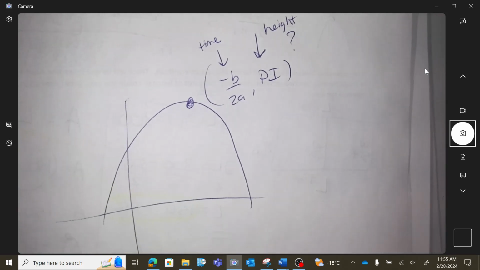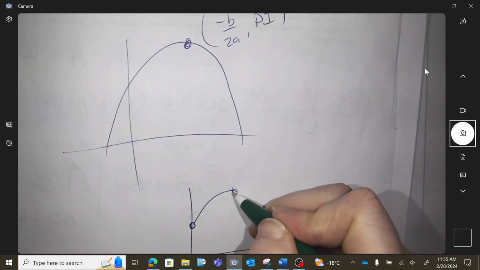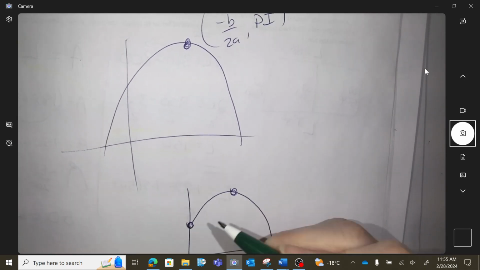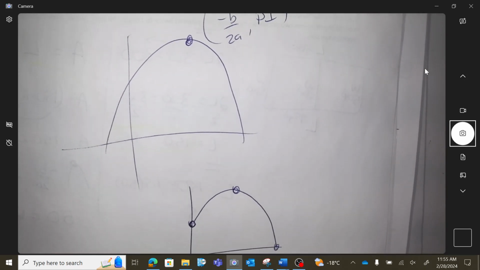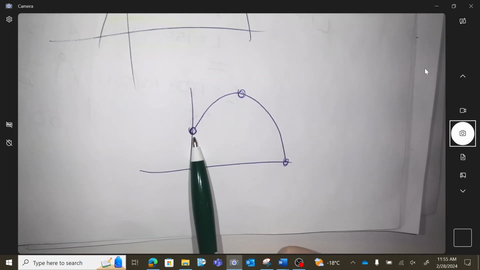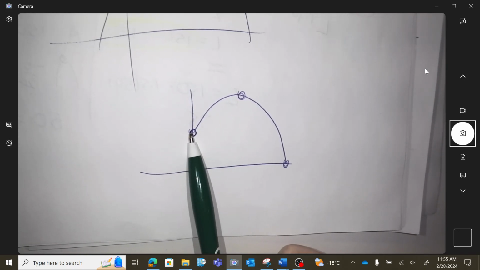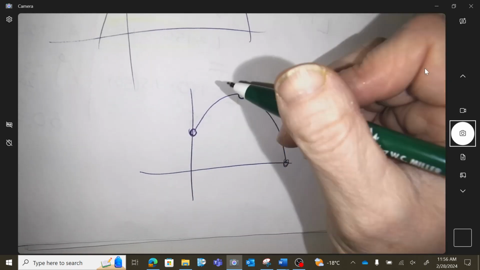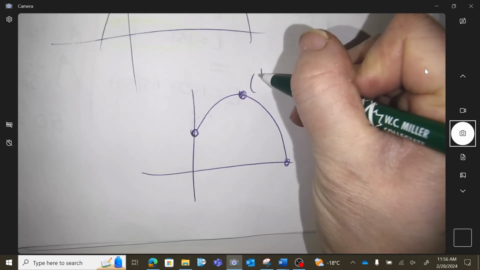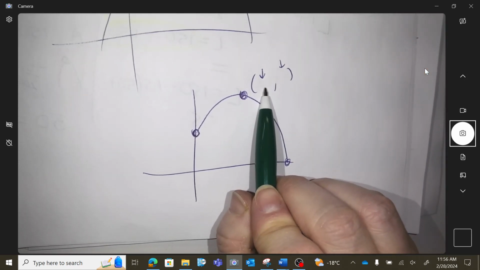Also, word problems, can you describe, I'm throwing a ball. What does the y-intercept tell me about me throwing the ball? Where I'm starting my height from. What does this part of the vertex tell me?